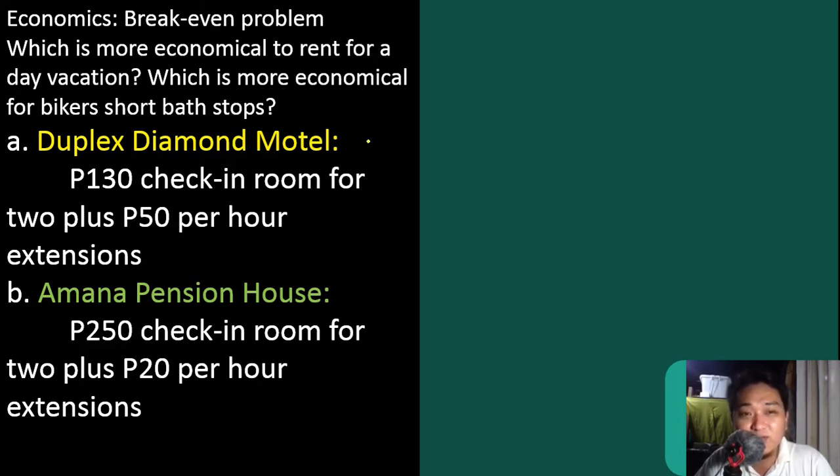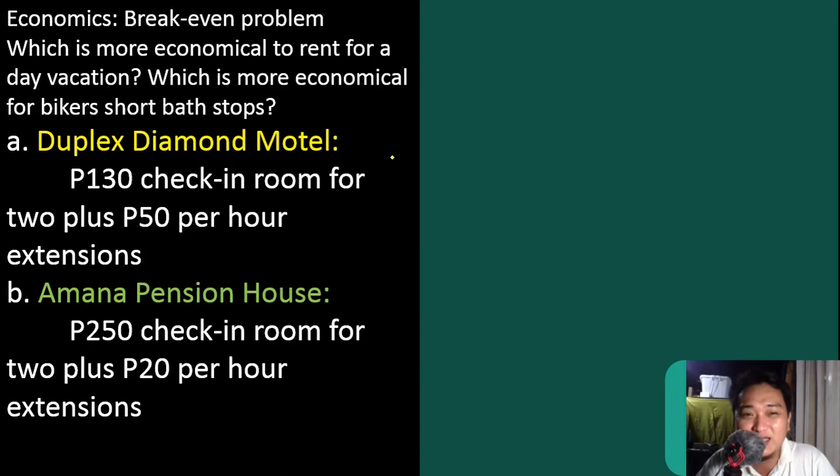Tapos, sino naman sa dalawang motel na to or pension house yung affordable para naman dun sa mga nagbabike, tapos ang intention lang nila is para magpalit lang ng damit, maligo, ganun. Nowadays usong-uso yung mga nagbabike. Nagbabike sila sa mga malalayong lugar, and usually mag-i-stop lang sila, kakain sila, tapos magre-rent sila ng motel or hotel, tapos maliligo lang saglit, tapos diretso bike papunta naman sa ibang lugar.